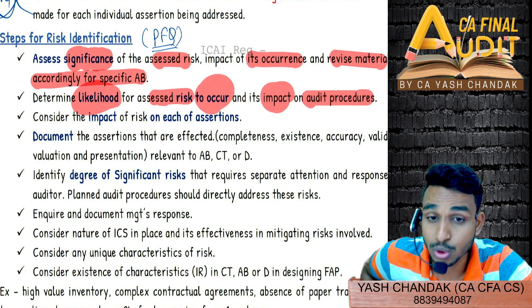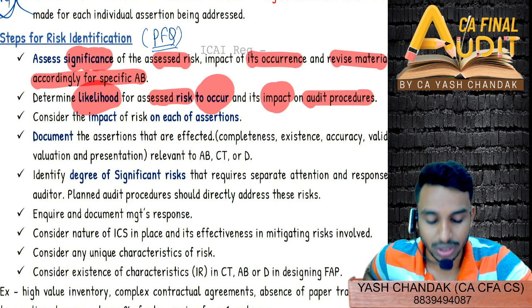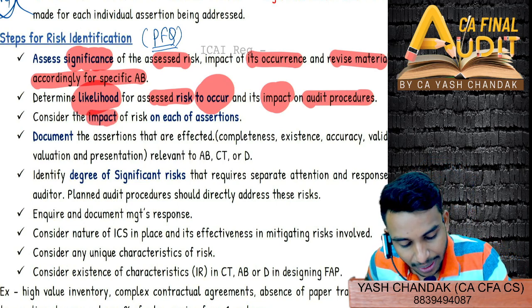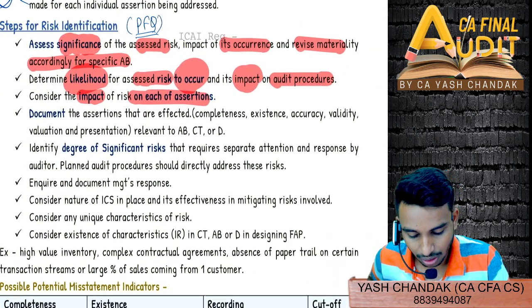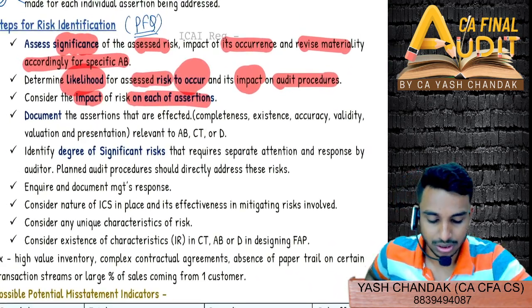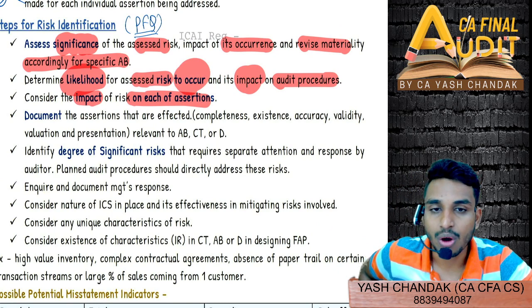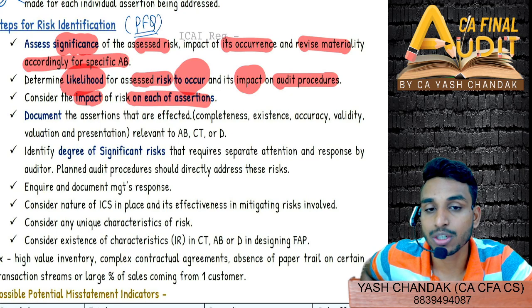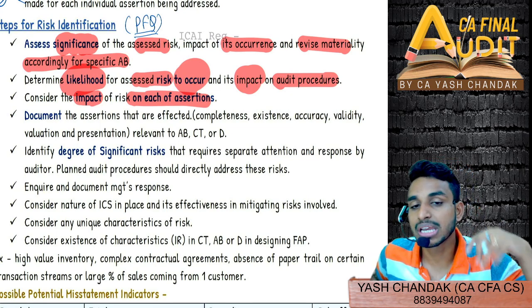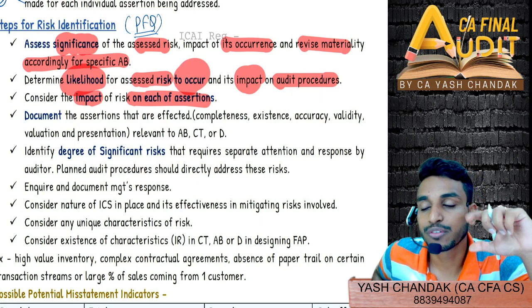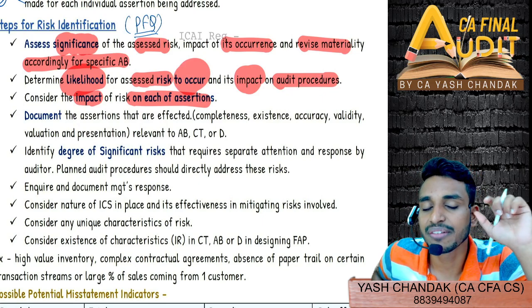Again, if it occurs actually, then what will be the impact on its audit procedure. Similarly, consider the impact of risk on each of the assertions. So suppose it actually occurs, what is going to be the impact on class of transaction, account balance, disclosure level, everywhere wherever you can see the impact of the risk, you'll have to assess what is the impact on each and every assertion.